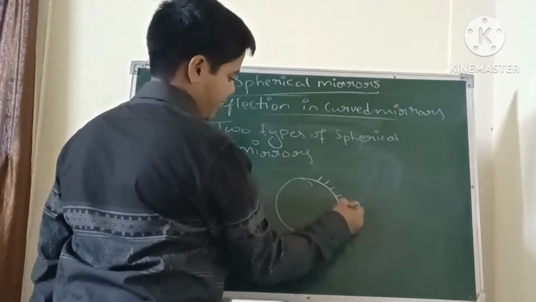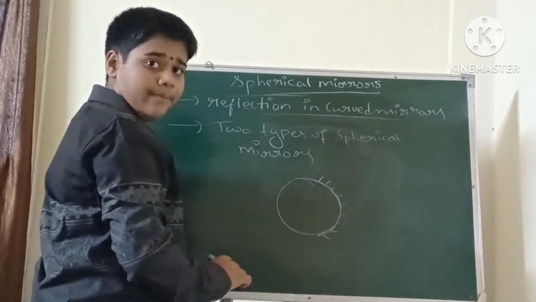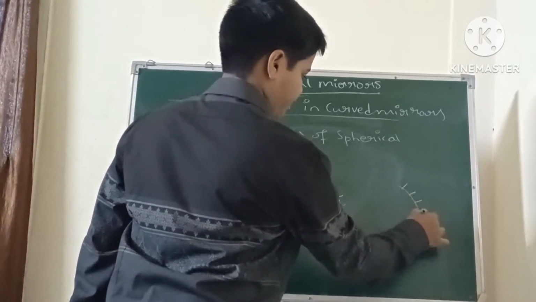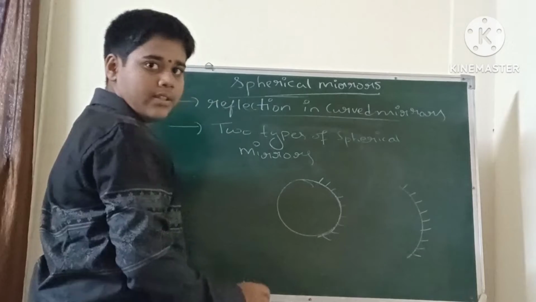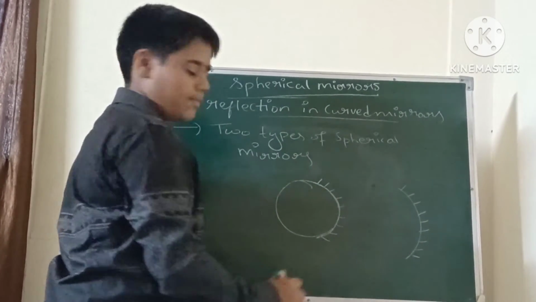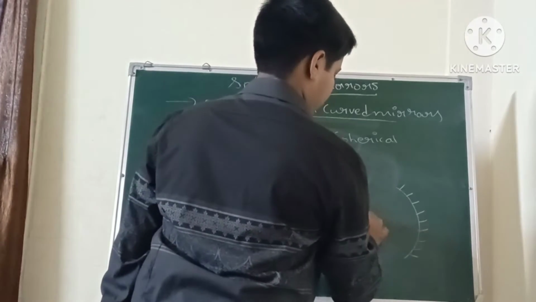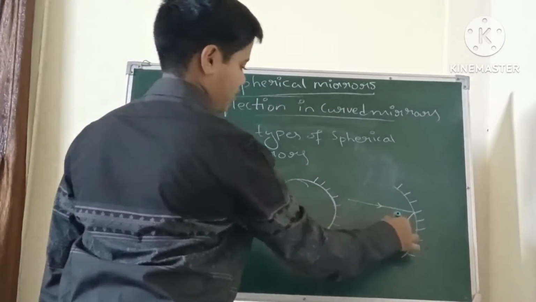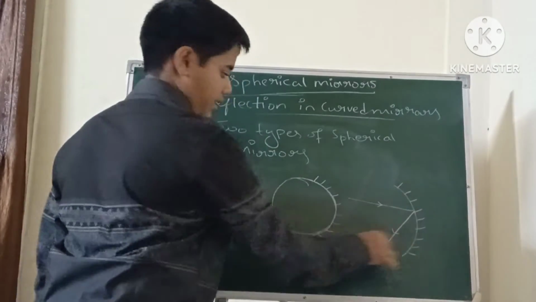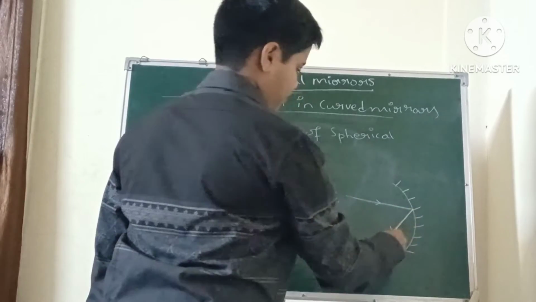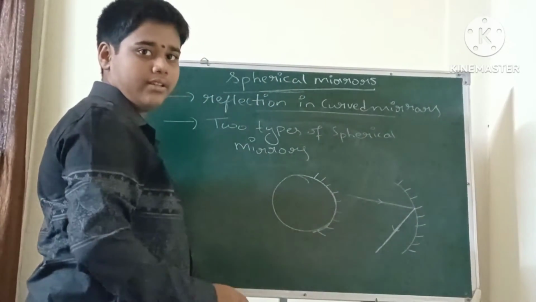This is the rough surface. So it looks like this. This is one of the mirrors in spherical mirrors. A reflection like this will come in this mirror.